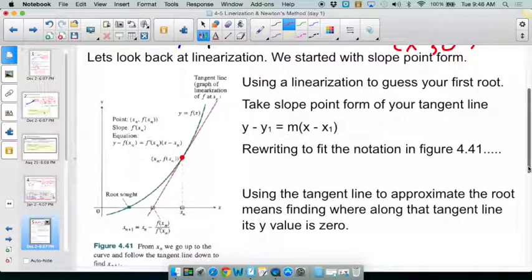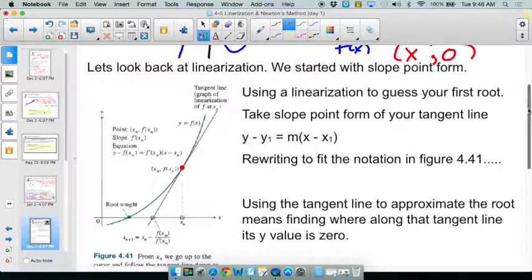So if we take a look at this and say, I'm going to guess a first root, and that first root, if it's a root, means it's going to have a y value of 0, then I'm really saying I'm going to guess this point as my first point.